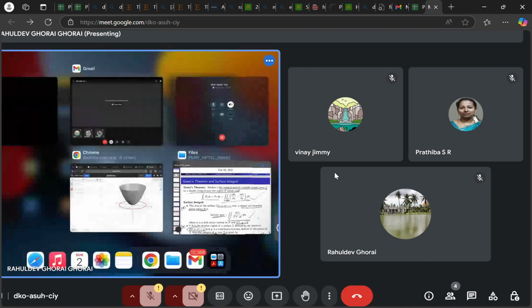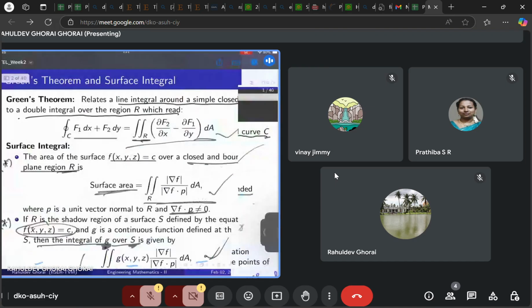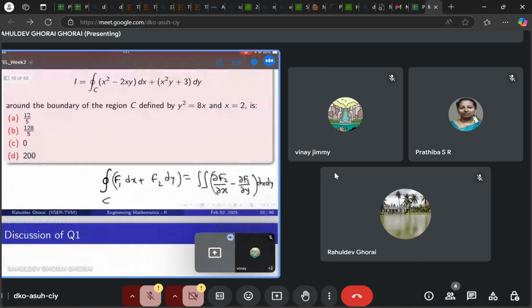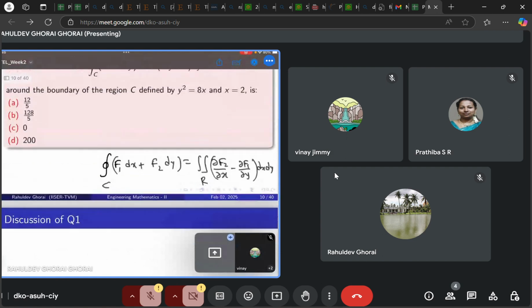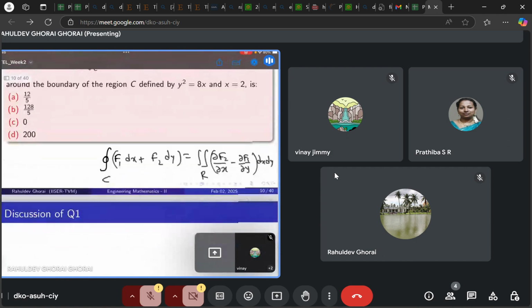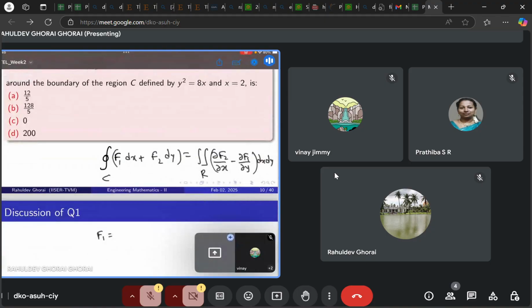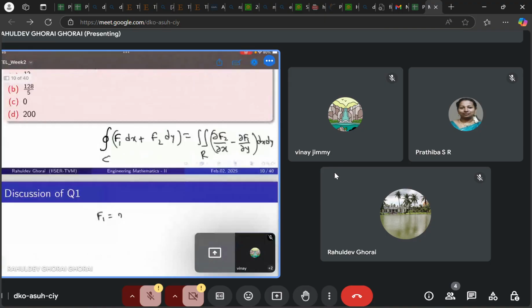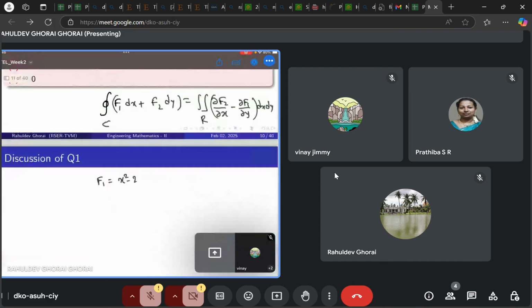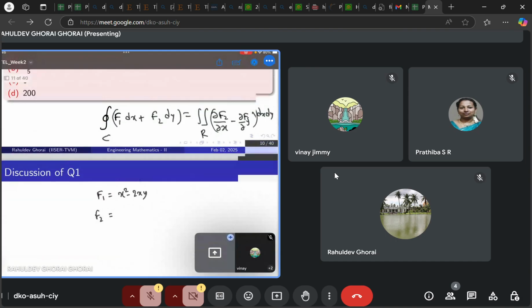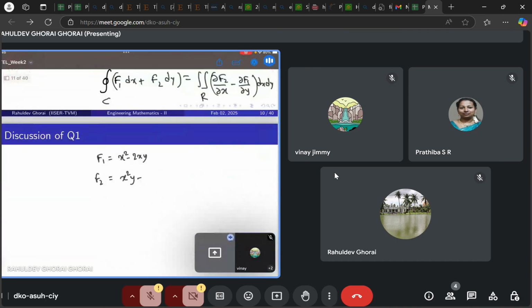So here also, C will be over the region R. First try to find out what f1 is. f1 is x square minus 2xy, and f2 is equal to x square y plus 3.